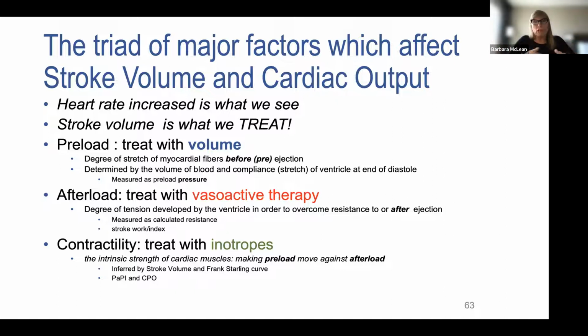So both volume load and compliance, resistance load and work actually affect the contractile property of the myocardium. And that's an intrinsic strength of the cardiac muscles. Really, really important that that intrinsic strength is evaluated and that we appreciate that inotropic support may be needed to move the volume load against the resistance load.